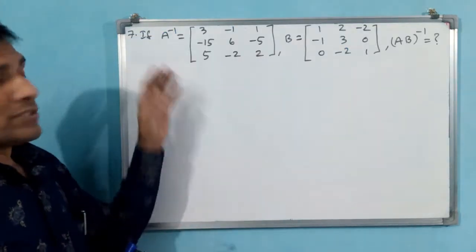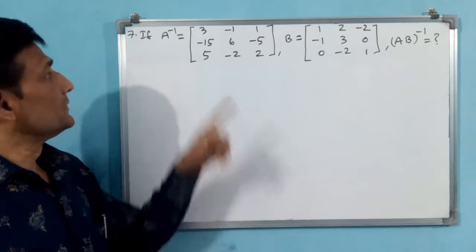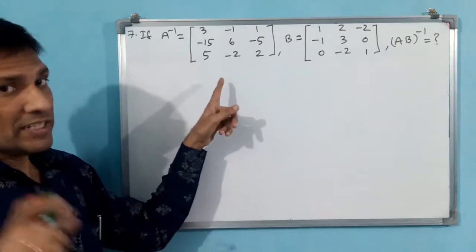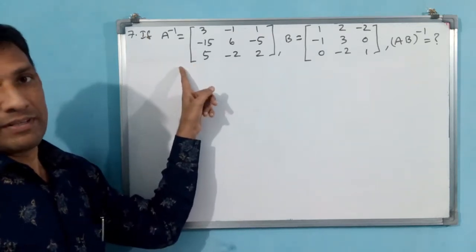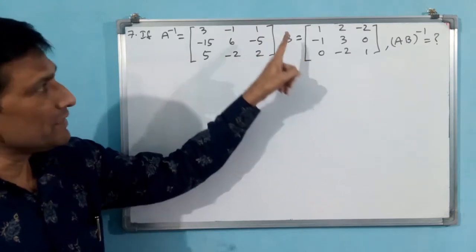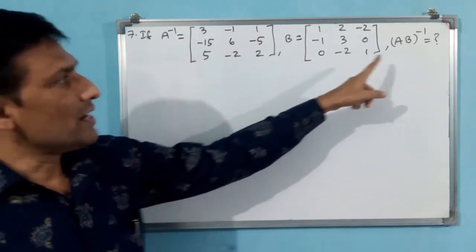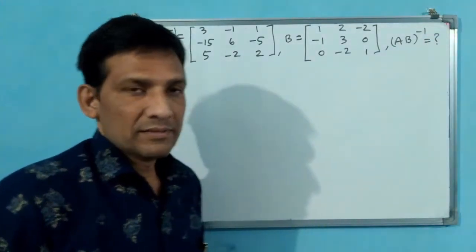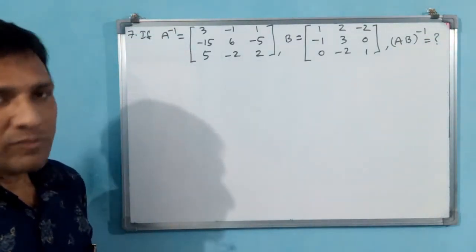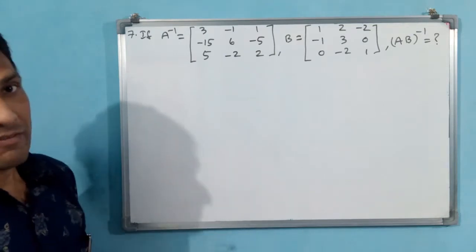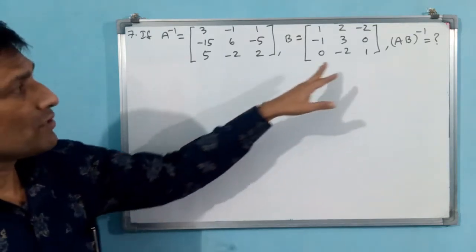Okay, see the 7th question, they have given A inverse, they have not given B inverse, they have given B, and A inverse B they have given, asking us to find AB whole inverse. AB whole inverse formula we know, B inverse into A inverse. A inverse is there, but B inverse you have to find.